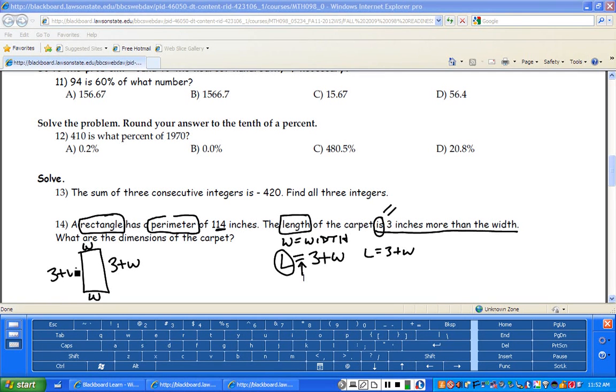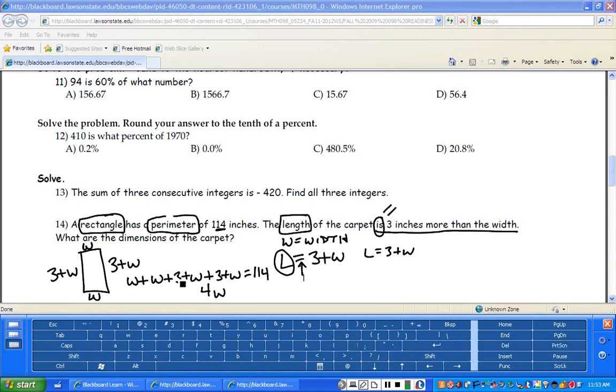Alright, now the perimeter is 114, so perimeter means I have to add all of these up. So add up a W plus another W plus a 3 plus W plus another 3 plus W equals 114. Alright, so then when I look, like terms, there's a W, there's a W, there's a W, there's a W. So that's 4 W's.